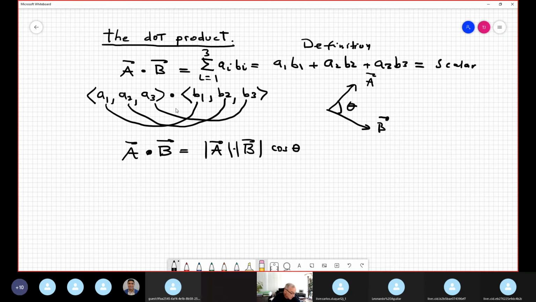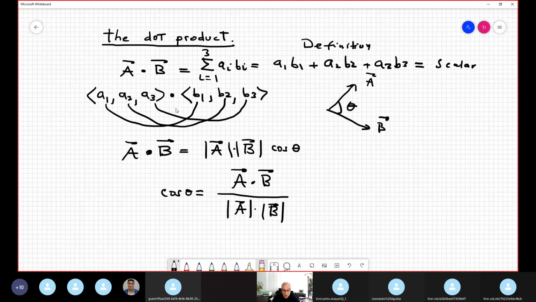This is a fantastic property that we're using. Suppose I want to find the angle between two vectors. If you isolate cosine theta, it is equal to the dot product between the vectors at the top, which gives a number, divided by the magnitude of each vector, separate multiplication.